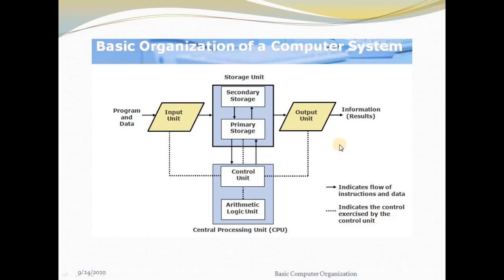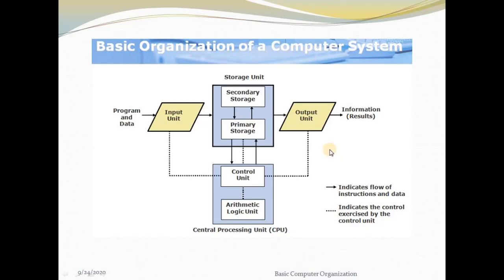I hope you have understood the basic block diagram of a computer system and the working of the different functionalities, and the working of input devices and output devices. In the next class we'll discuss in more detail the storage unit, control unit and arithmetic logic unit, so we can clearly understand the tasks and functionalities of these other devices.